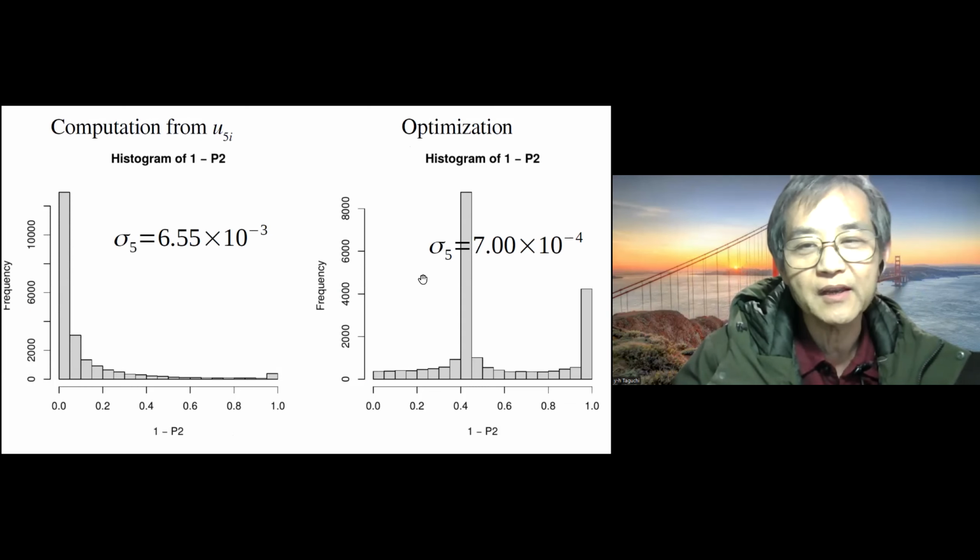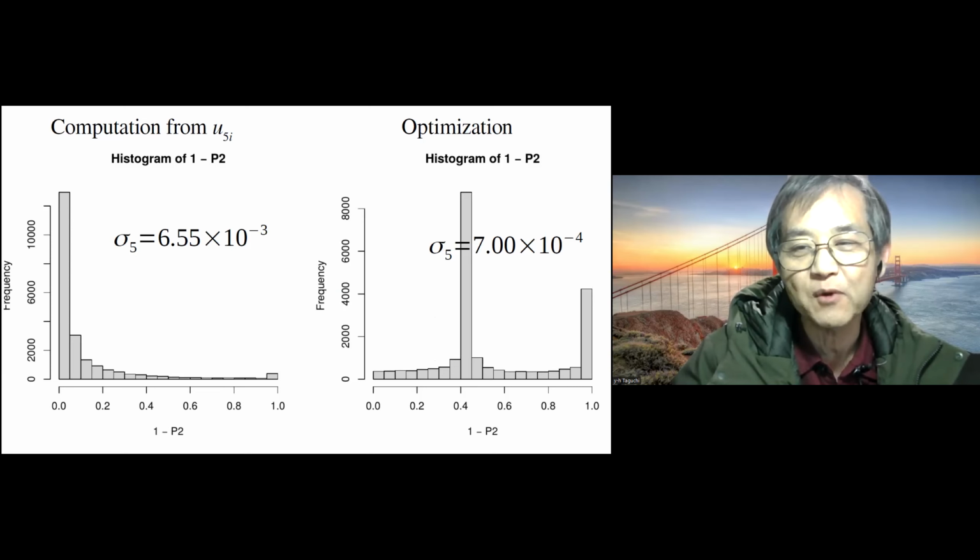And if we optimize sigma as much as possible to be flat, the histogram of 1 minus p looks like this. So this is a region which obeys the hypothesis. This means a Gaussian distribution. And there is this sharp peak for 1 minus p.